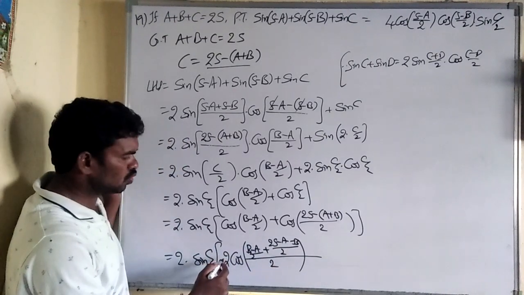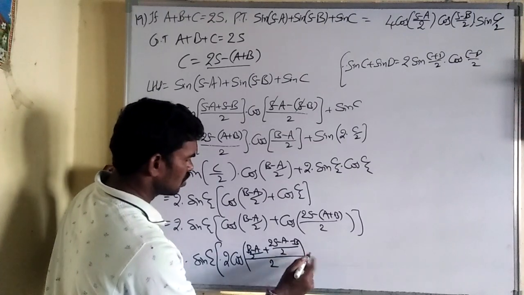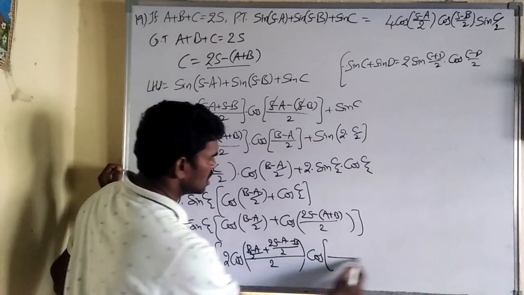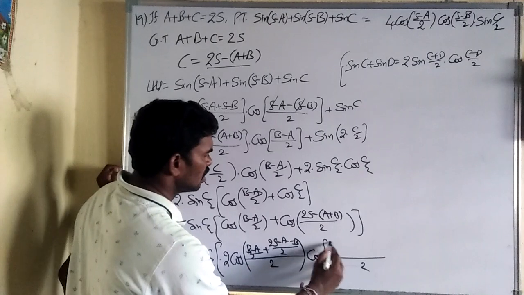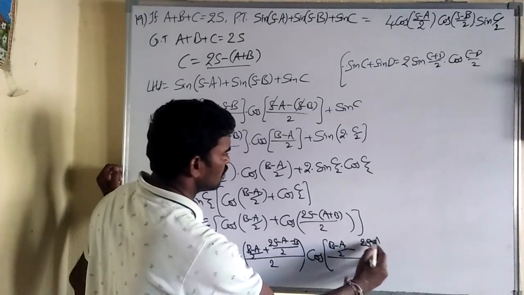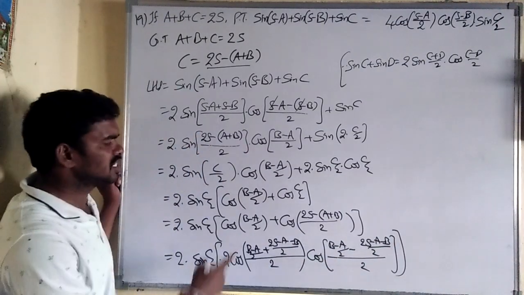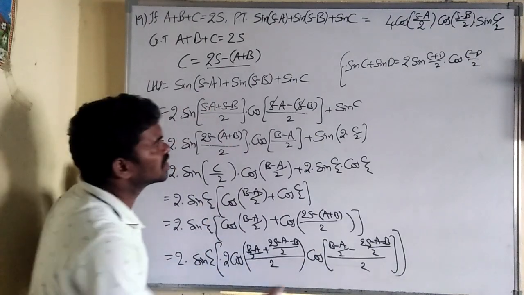Is it clear? 2 cos of c plus d by 2 and into cos of c minus d by 2. C means what? B minus a by 2 minus 2s minus a minus b by 2. Okay. Simplify this step, we get the RHS.